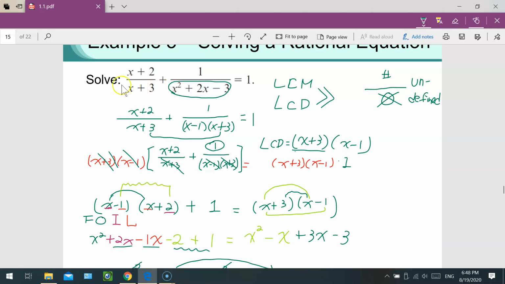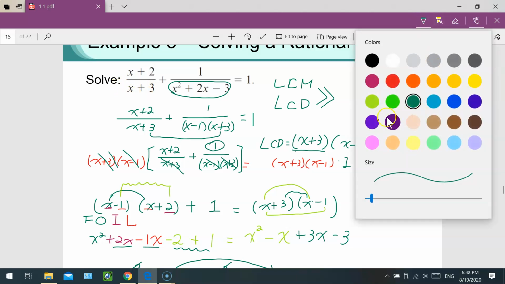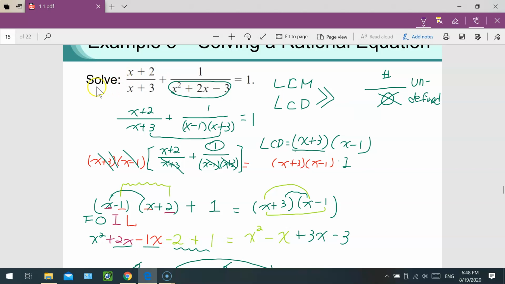So the 2, when I plug the 2 back to here, 2 plus 3 is a 5 for sure, it will not get a 0. When I plug 2 to here, 2 times 4 minus 3, for sure I will not get a 0, right? So 2, perfect, we solved it.